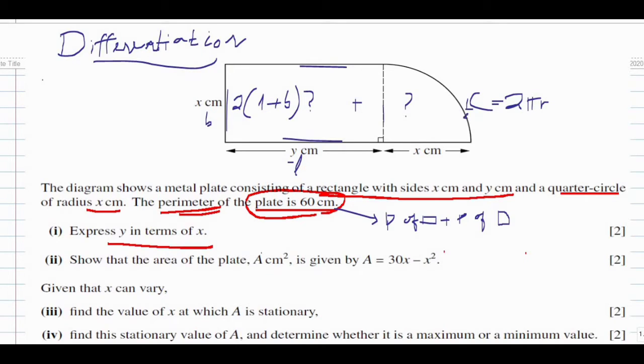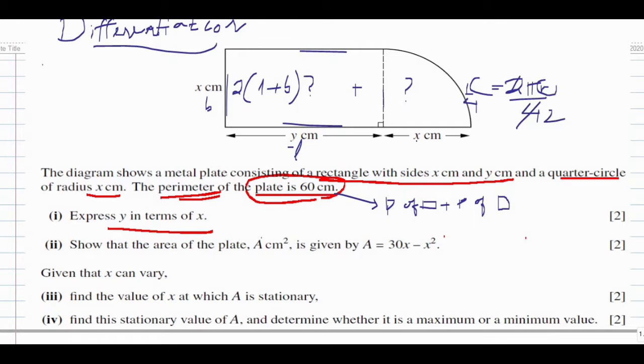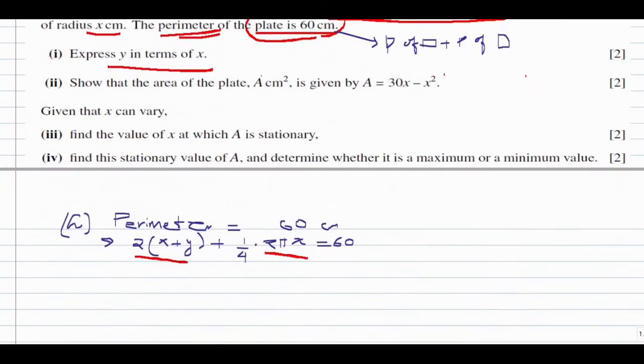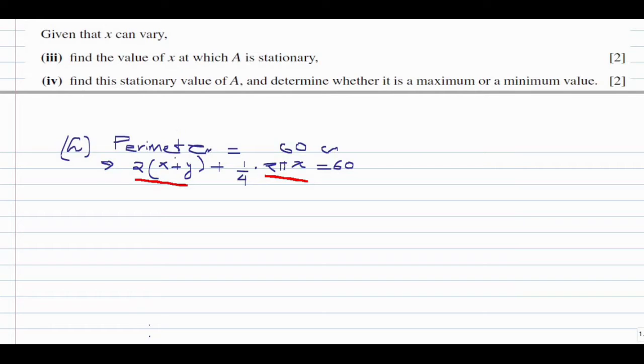So the circumference of quarter circle, perimeter of quarter circle is 1/4 of 2 pi r, which is pi r divided by 2, where r is equal to x. So when you simplify this equation, 2x plus 2y plus pi x by 2 is equal to 60 centimeter.